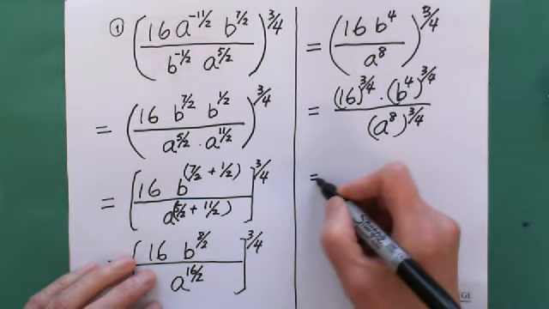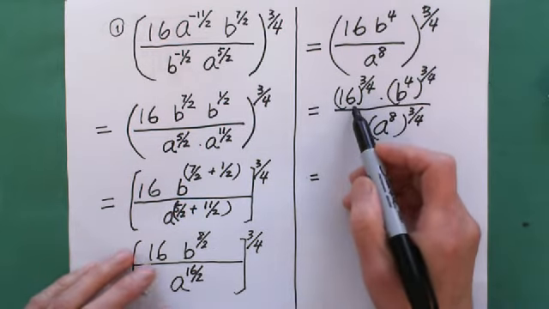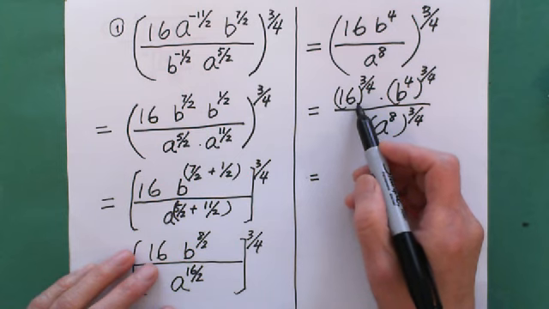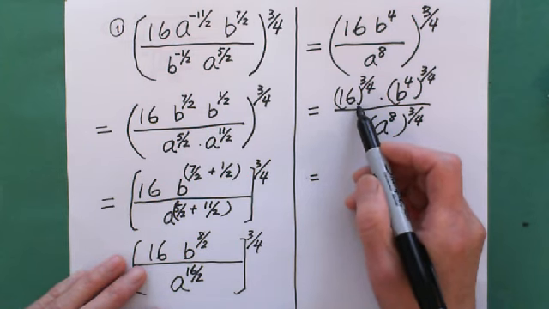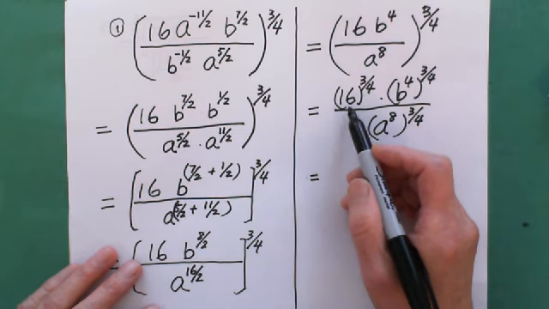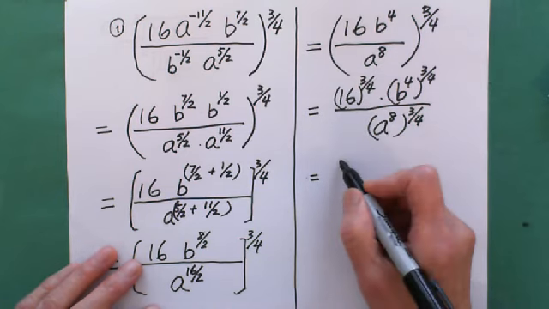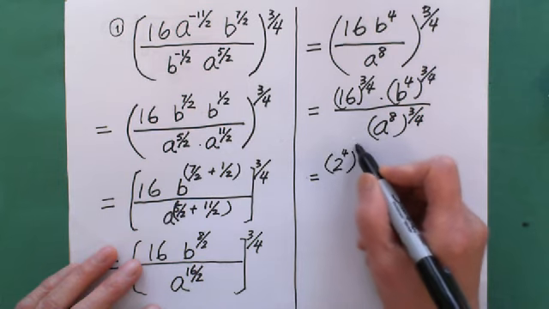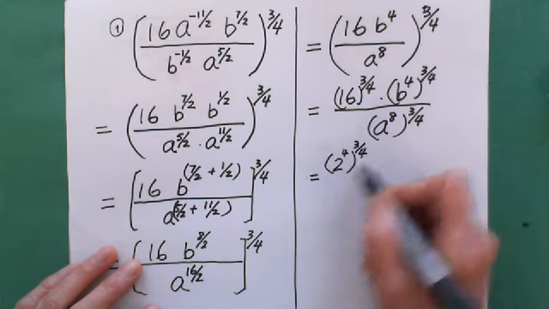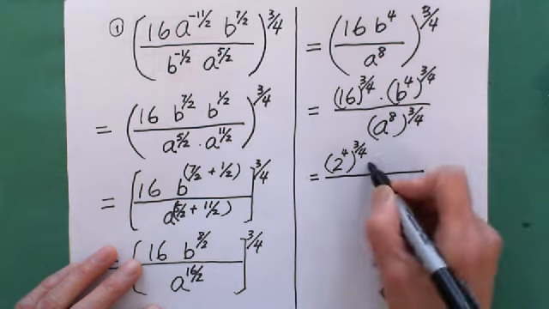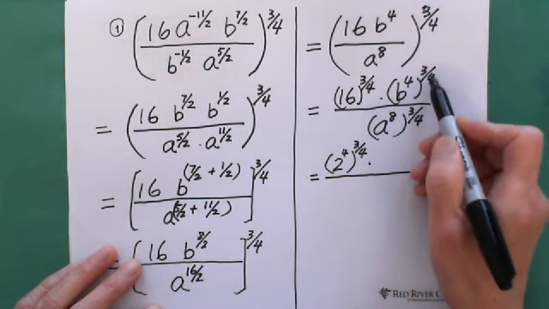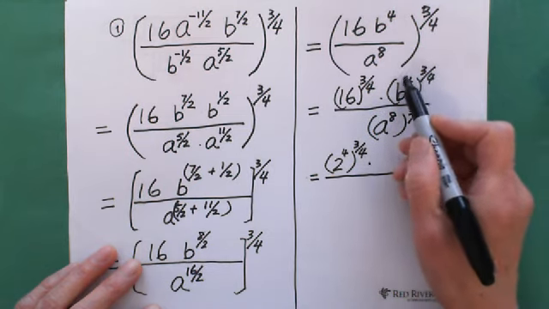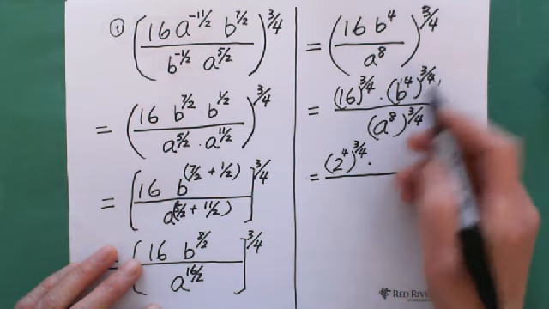And we simplify, because 16, as we know, is 4 times 4, which is 4 squared, or equals 2 to the 4 exponent, right? So 2 to the 4 exponent to the 3 over 4 exponent. And for b to the 4 exponent, cancel this denominator 4, you get b cubed.